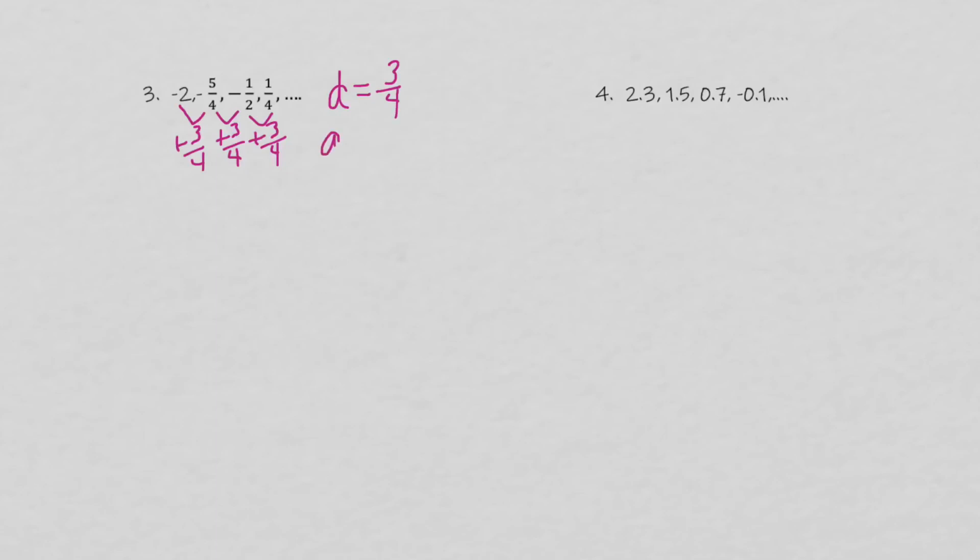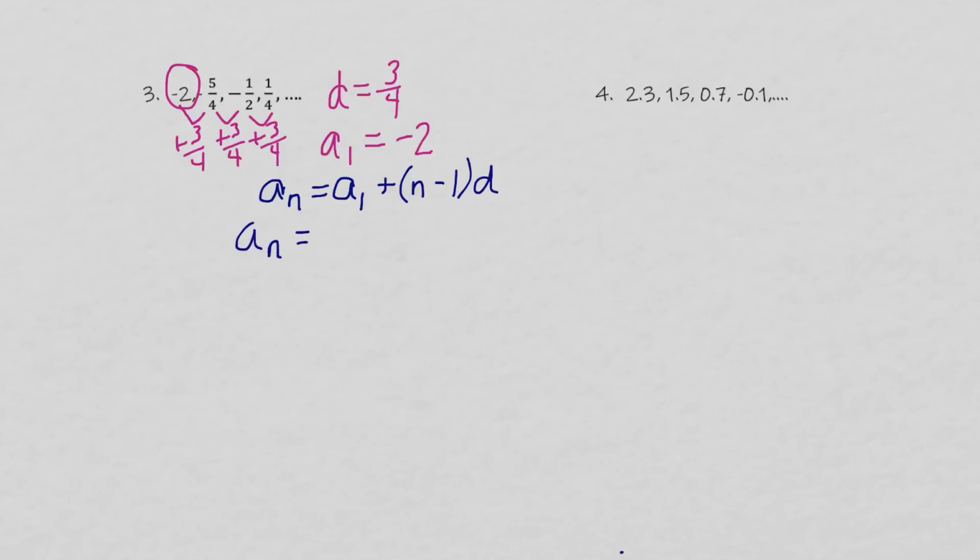Could you find your a sub 1, which is your first term, which would be negative 2, right here. First one in there. And then we're going to plug our information in to find our general term, a sub n equals a sub 1 plus n minus 1 times my difference. So a sub n would equal negative 2 plus n minus 1, and my difference we said was 3/4.